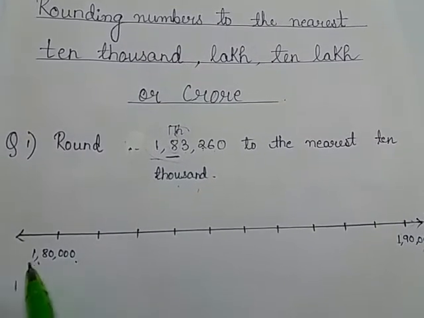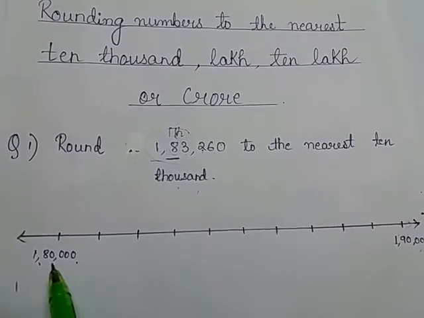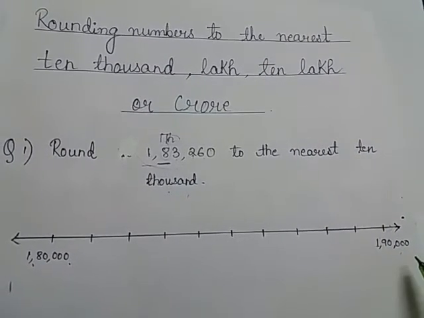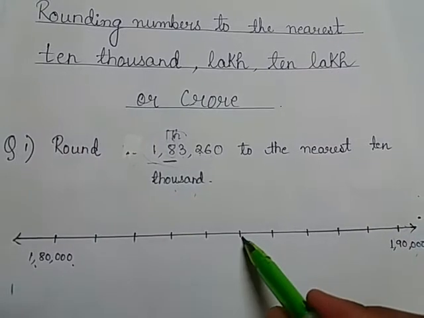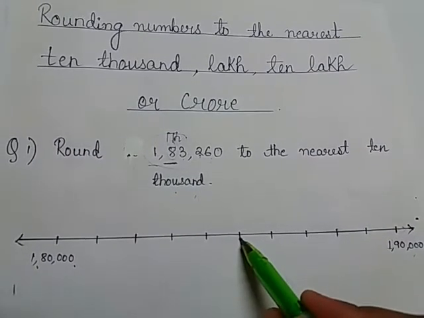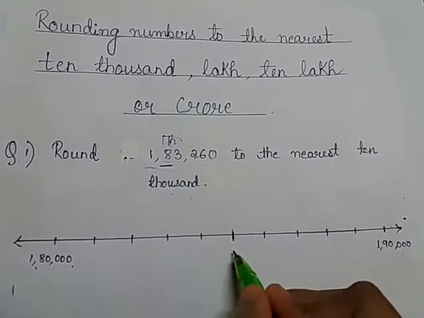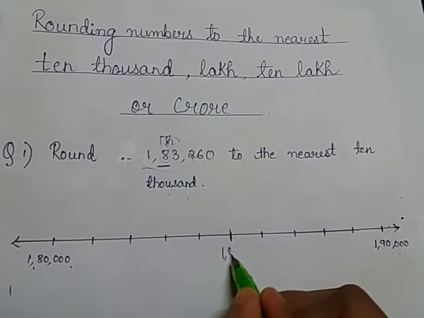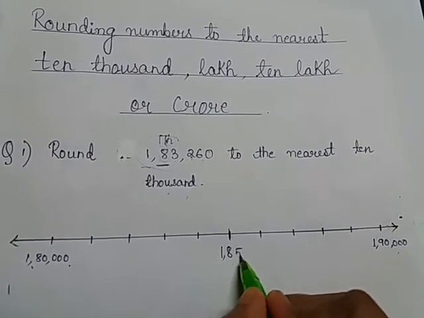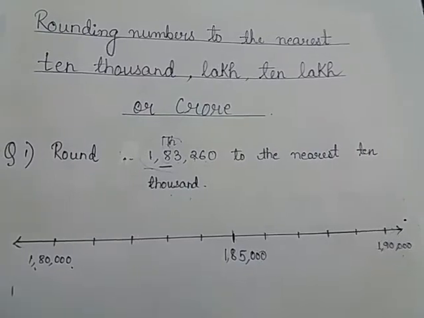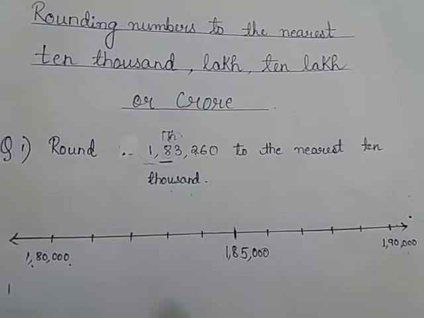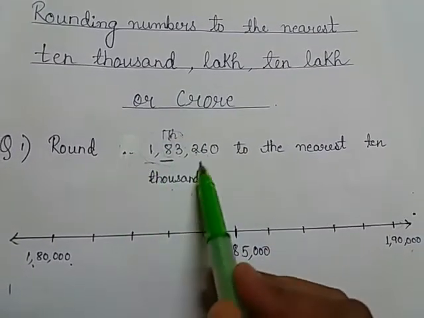Now if this is 1,80,000 and this is 1,90,000, now here will be a point which will be halfway between both the numbers, that is 1,85,000. Now let's see where exactly this number will lie.